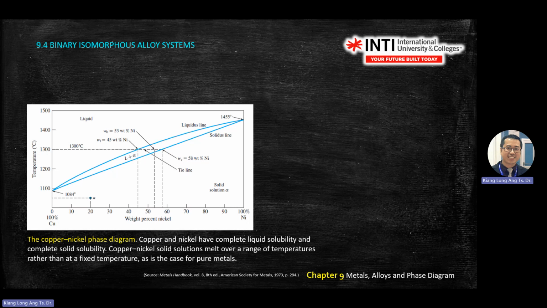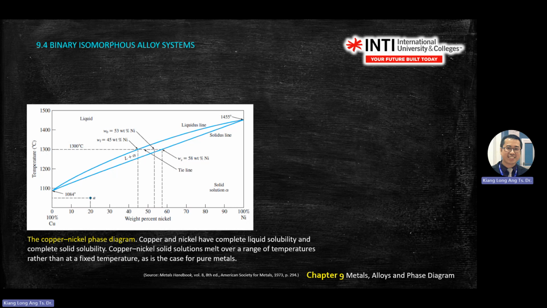On the top blue line, you project down and get 45% nickel. It means at 1300 degrees C, on the liquidus line, you will see 45% nickel and 55% copper at this temperature.